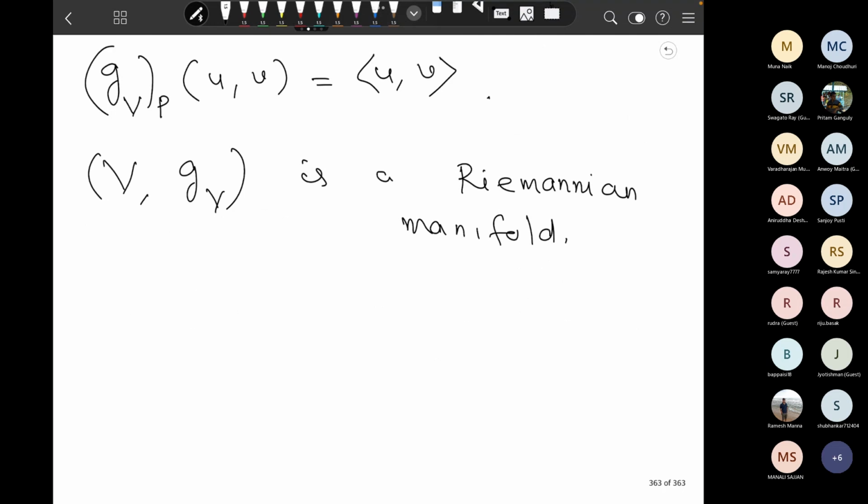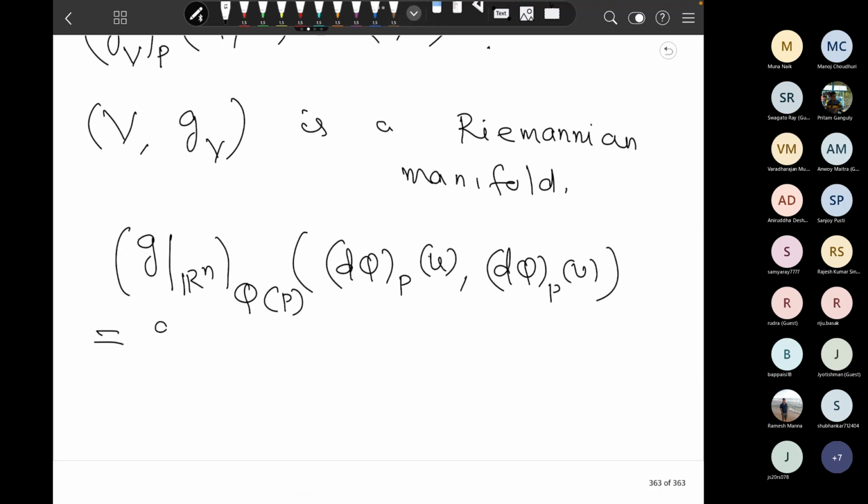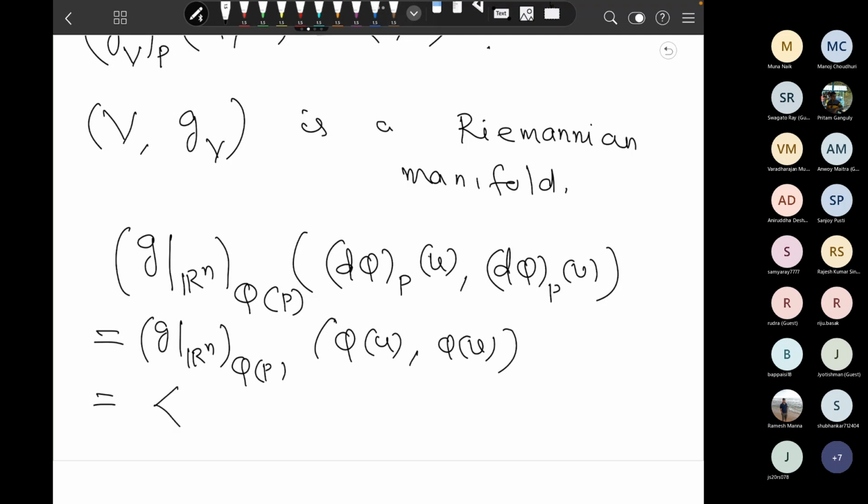To show that it is isometric, you look at this G on Rn. So d phi at P of U and d phi at P of V. Since phi is a linear map, this will be the inner product of phi U, phi V, which is the inner product on Rn.